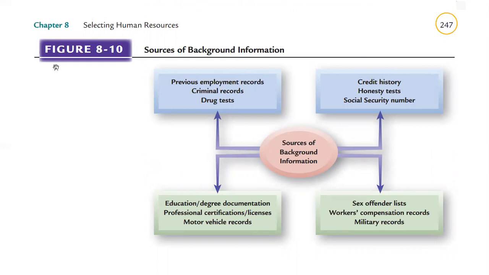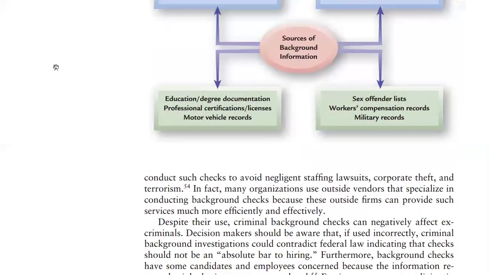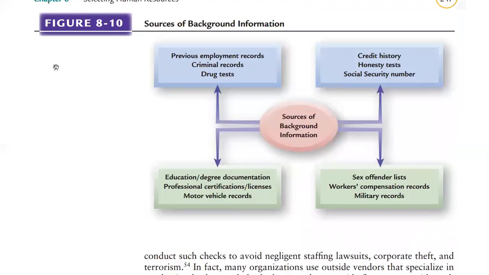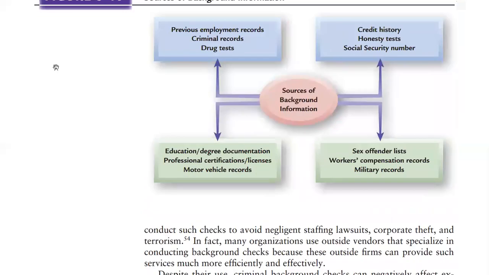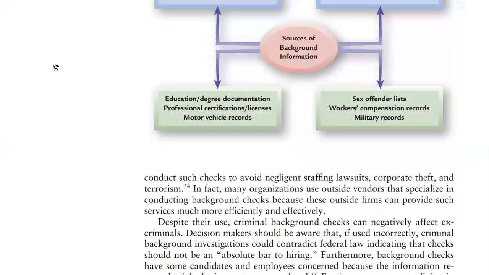You need to know what the sources of the background information are. So educational institutions, then other places like credit history are also sources of background information for the applicants. Police records, all these things.